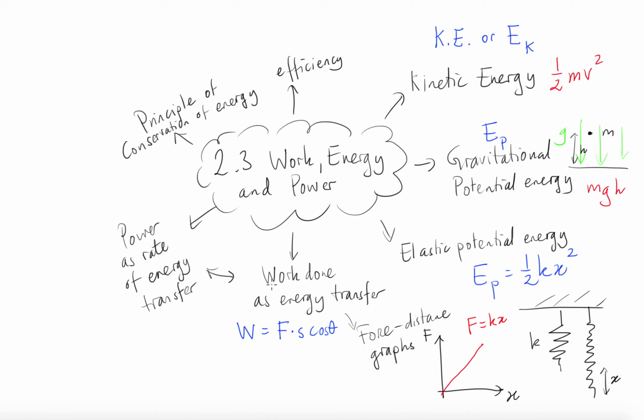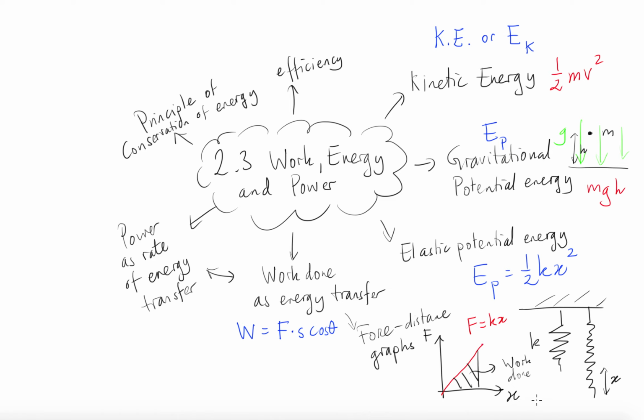Now, if work done is the force times the displacement, the way we would interpret the force distance graph is that the area beneath the force distance graph is the same as the work done. So the area under a force displacement graph is the work done, and in this case it's just a triangle through geometry.